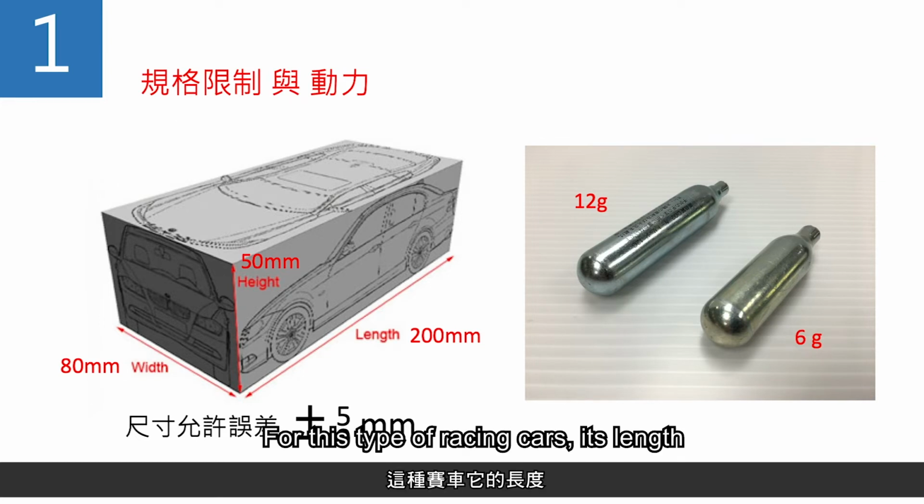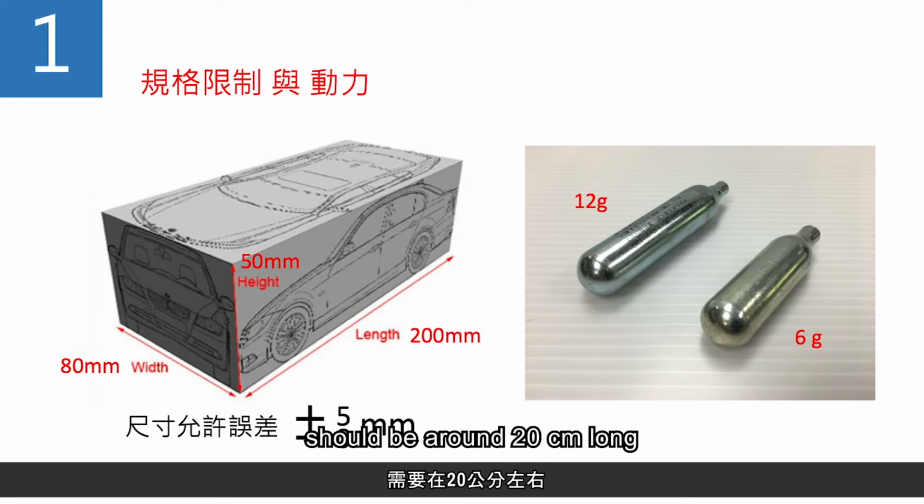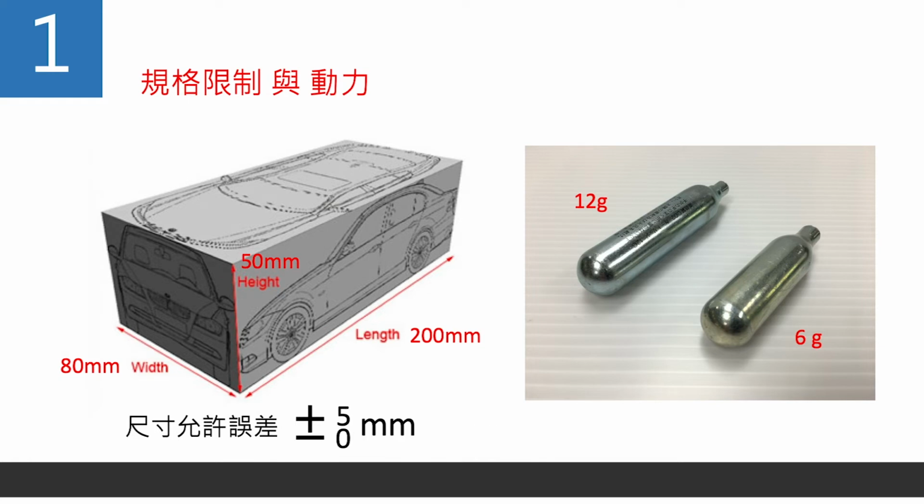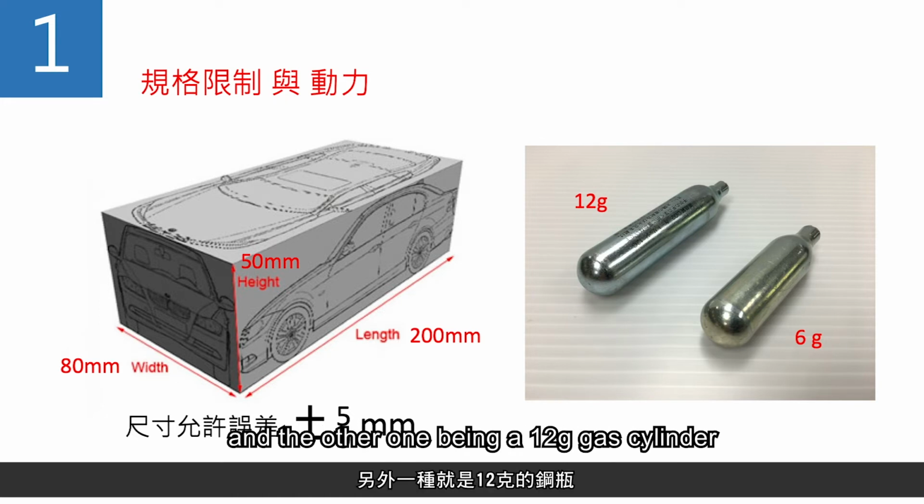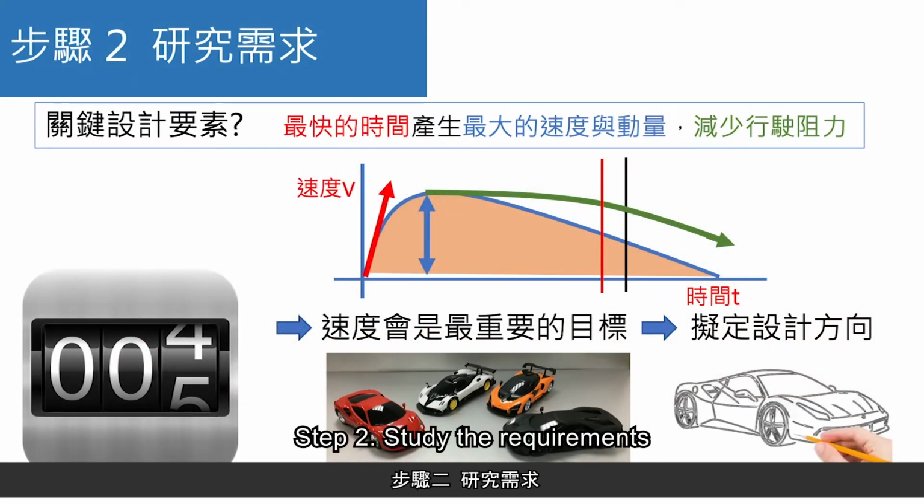For this type of racing car, its length should be around 20 centimeters long. In other words, 200 millimeters long. It should be 80 millimeters wide and 50 millimeters tall. For its driving power, there are two specifications, one being a 6-gram gas cylinder and the other being a 12-gram gas cylinder.